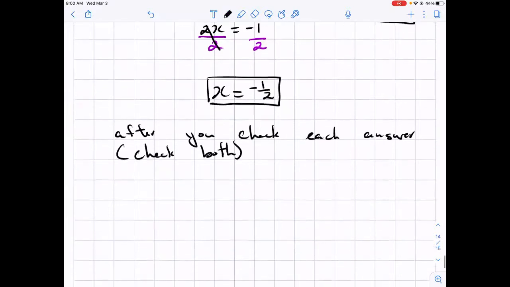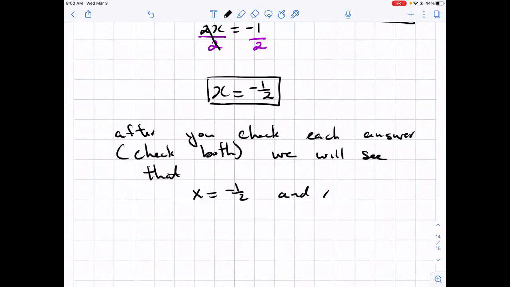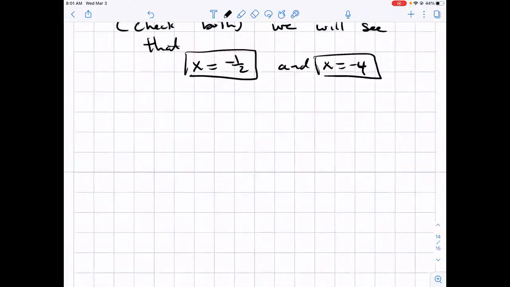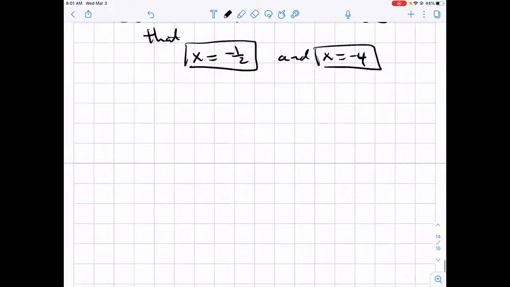We will see that x equals minus 1/2 and x equals negative 4 are solutions. So this is something you're going to see. Let's look at another example.